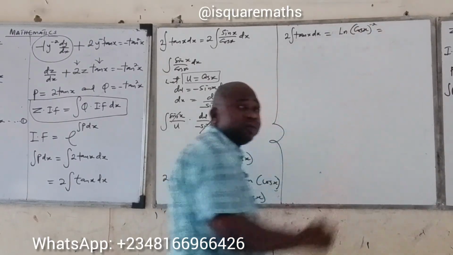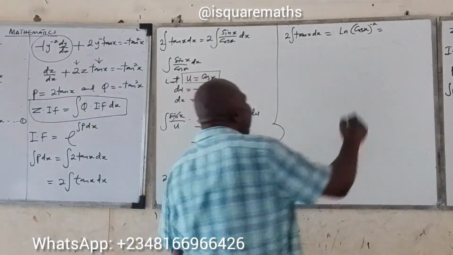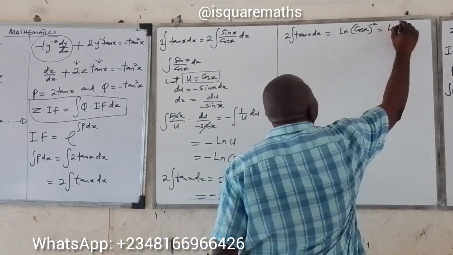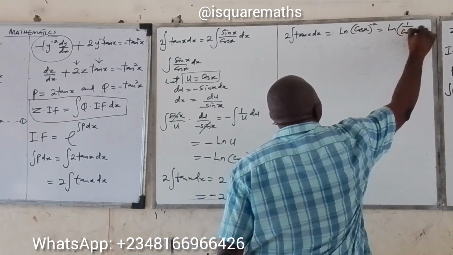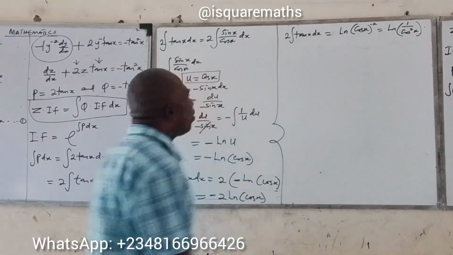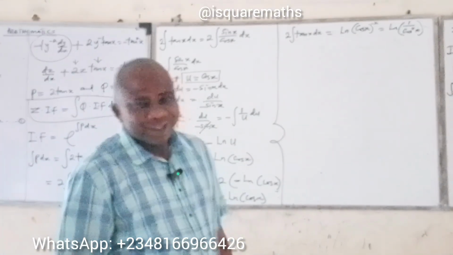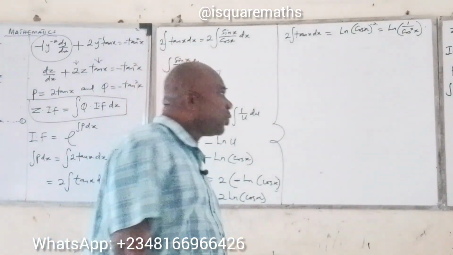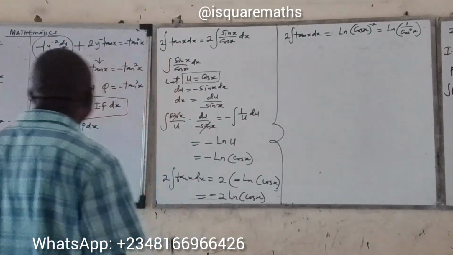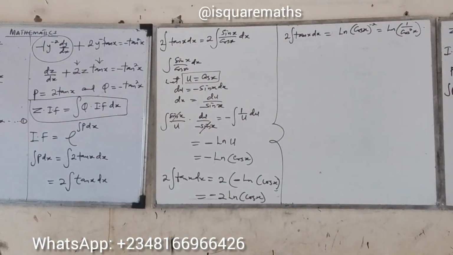And this is the same thing as ln 1 all over cos squared x, because cos x raised to the power of minus 2 is 1 all over cos squared x.